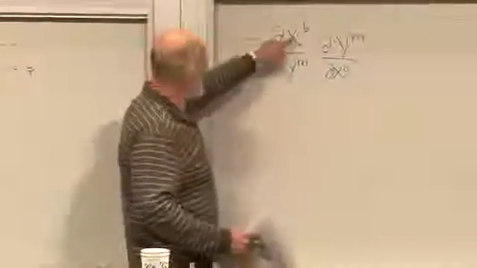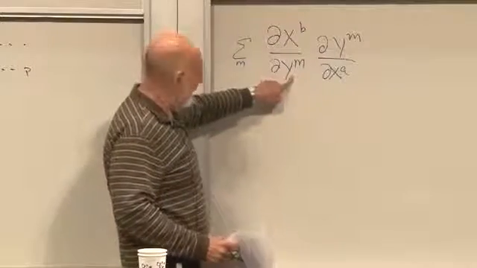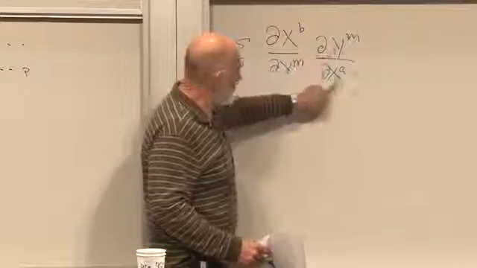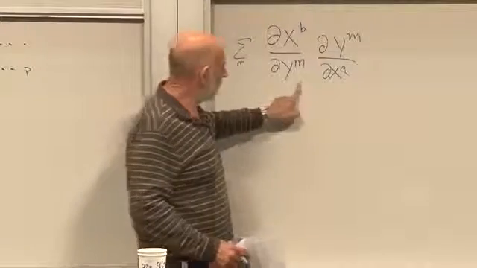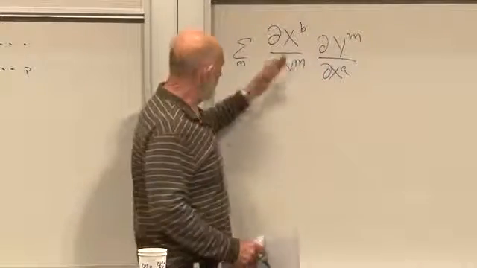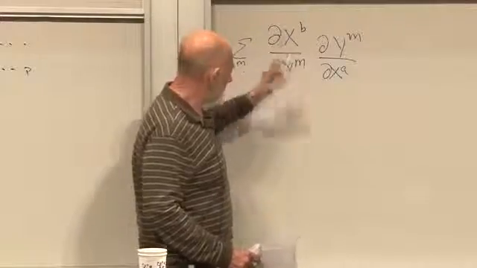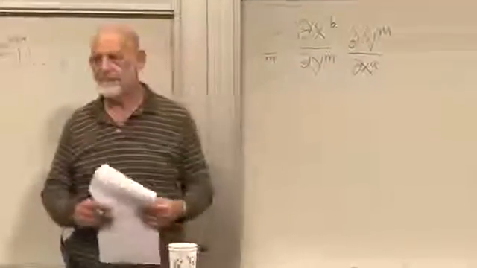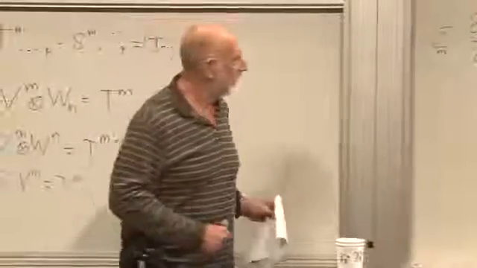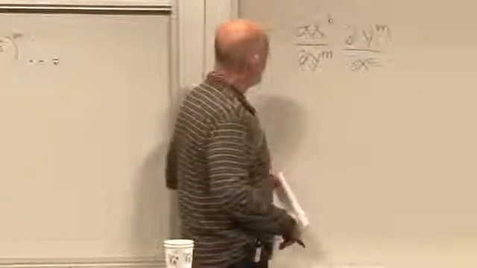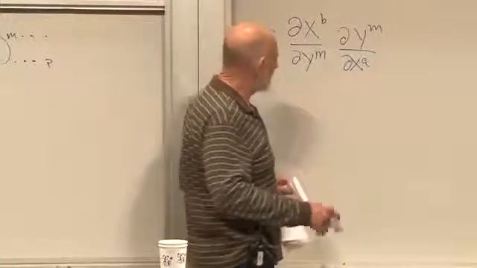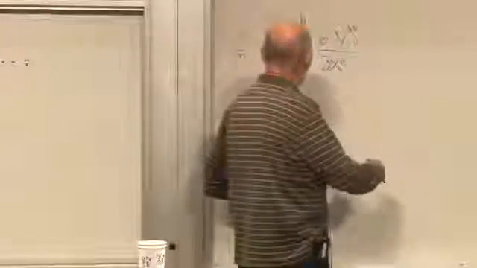This is the change in x^b when you change y^m a little bit, times the change in y^m when you change x^a a little bit, summed over m. You change y1 a little bit, then you change y2 a little bit, then you change, what does that do to x? What is this thing? I didn't hear what you said, but it's probably right.